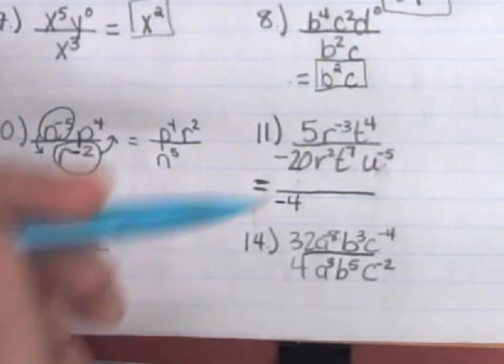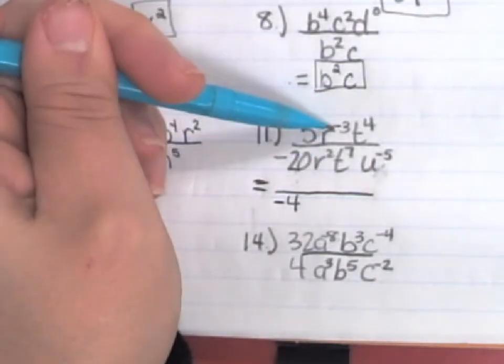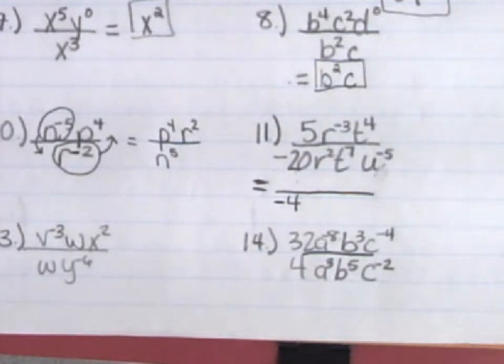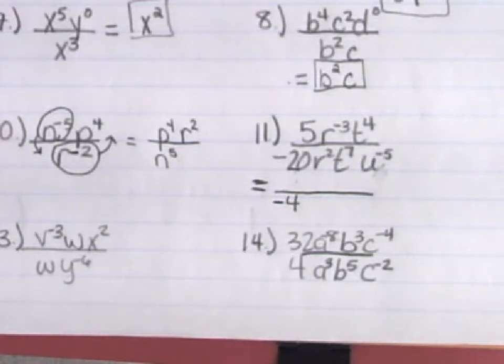Okay. Now, look at your R's. You could deal with that negative or use your subtraction rules. Which one's bigger, 2 or negative 3? 2. So what is 2 minus negative 3? Positive or negative? Positive 5.